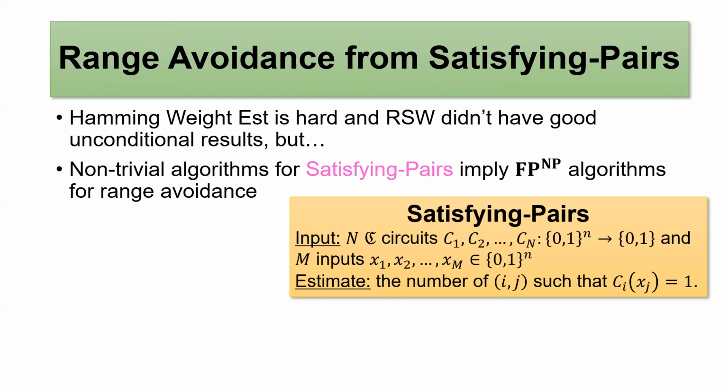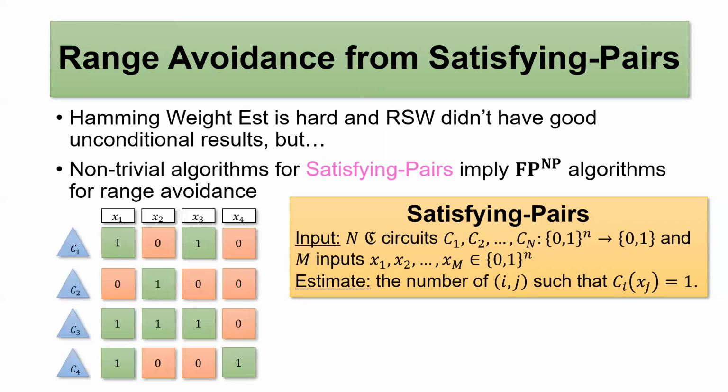And the goal is to estimate the number of pairs i, j such that Ci of xj is 1, hence the name satisfying pairs. For example, in this table on the left, the number to estimate is 8, as there are 8 ones here. By non-trivial, we mean an algorithm that runs in n times m over log to the small omega 1 n time.